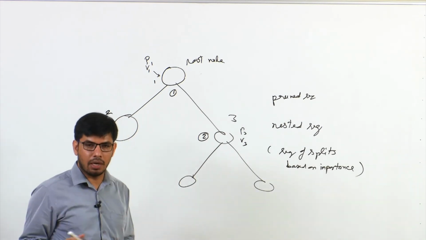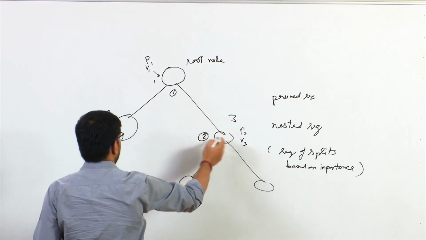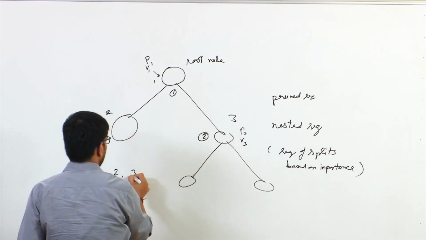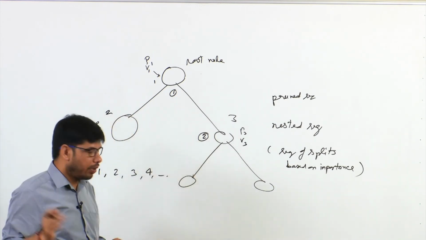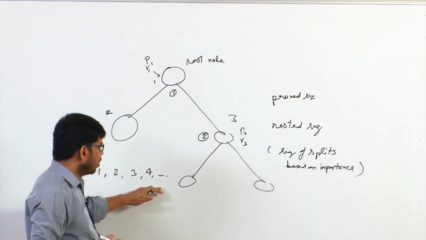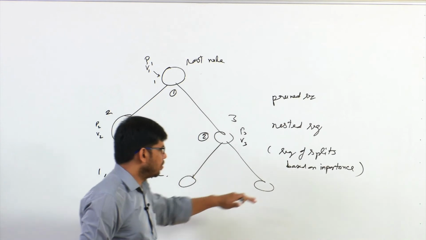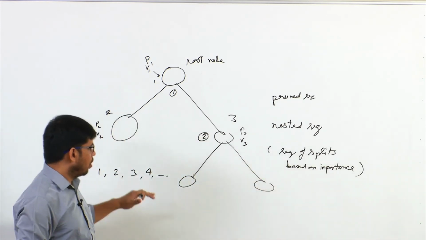But what we are doing in our exercises, we are just going in the sorted order fashion. So first node number 1, then node number 2, then node number 3, node number 5. In our exercise, we are following this sorted order, which is not actually the same as the sequence of splits based on importance. So this exercise you can do.